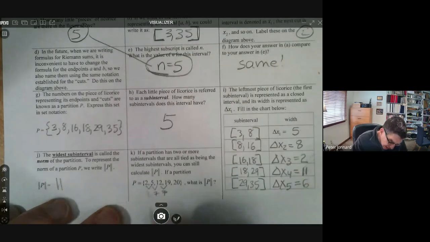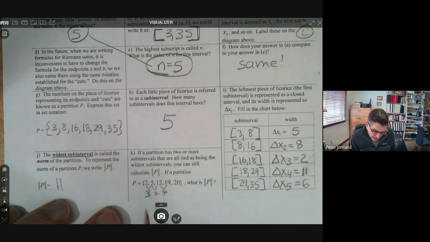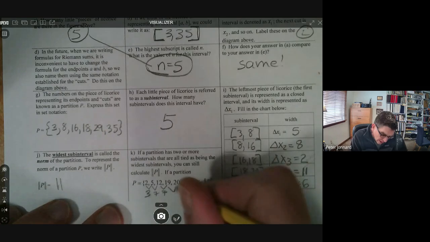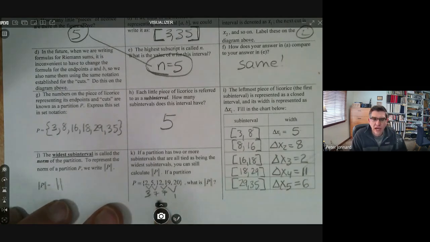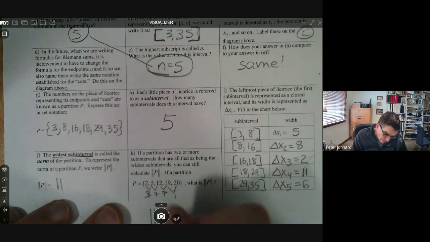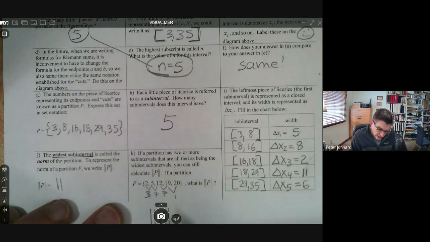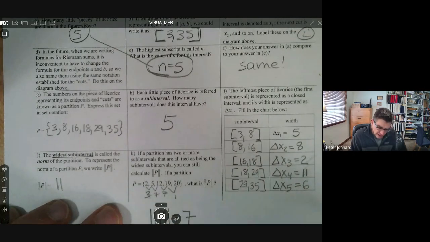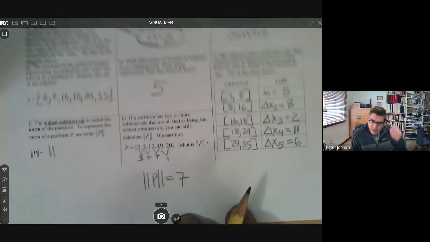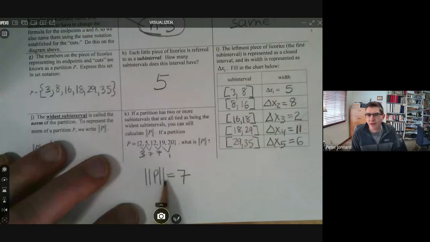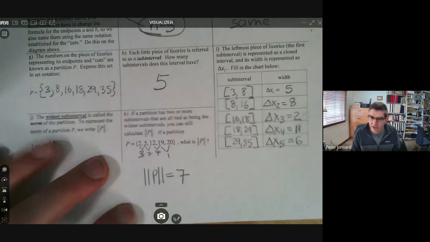I'm adding them instead of subtracting them. This is 3, and that's 7, and that's 7, and this is 1. And so we have these two here. They're tied as being the widest, and so the norm of this is equal to 7. Okay, this symbol here does not mean the absolute value of the absolute value. It just means the widest of them all.